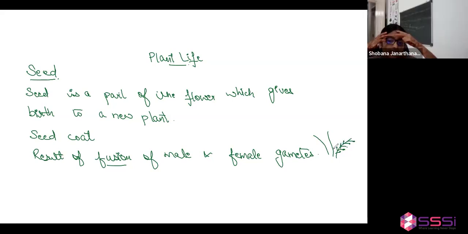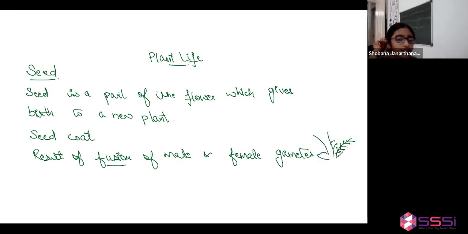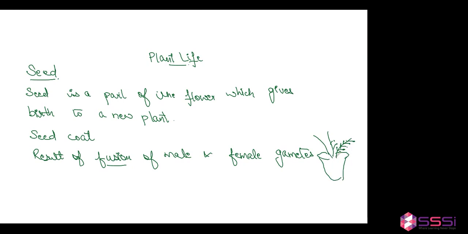Yes, ma'am, like hibiscus. Yes, that is an example. So if male and female gametes together make a new plant, here in this plant, these yellow parts are known as pollen grains.